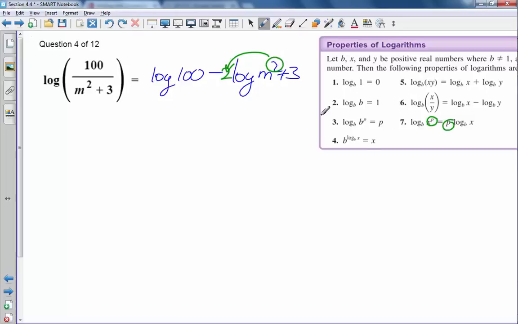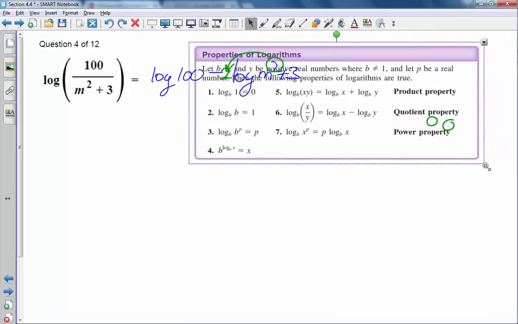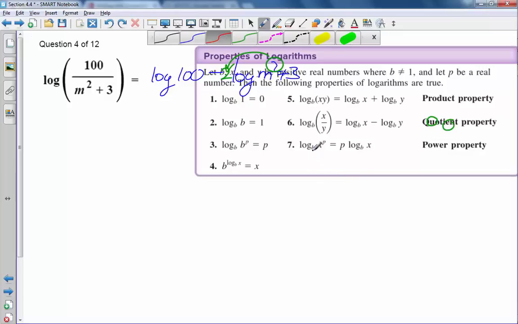Look, let me make it bigger. This says it can be any x. This is base 10, this can be base m, and this can be 2. It still works.